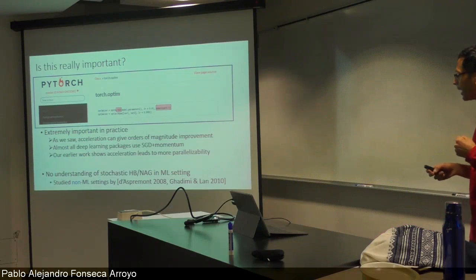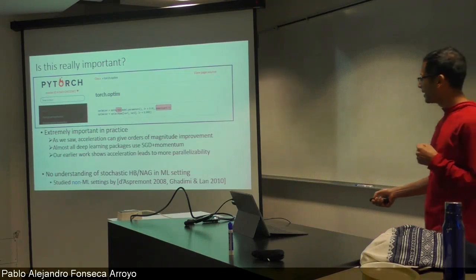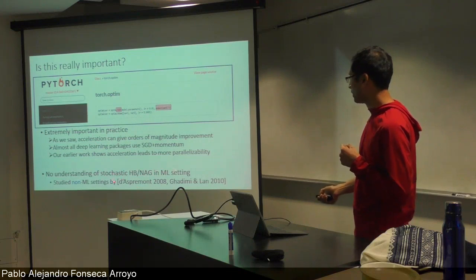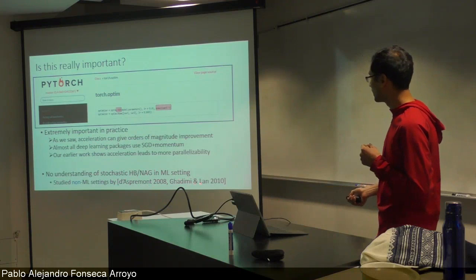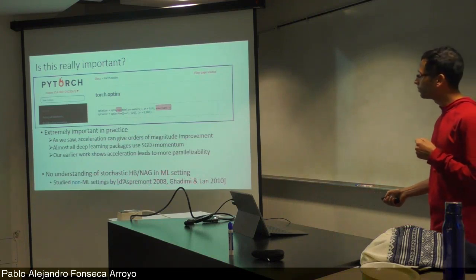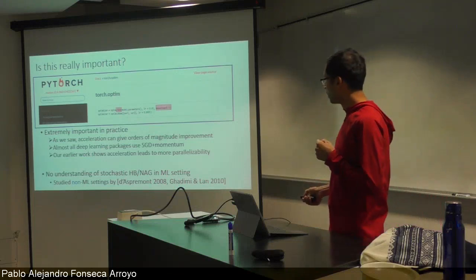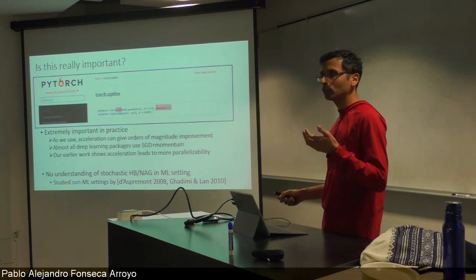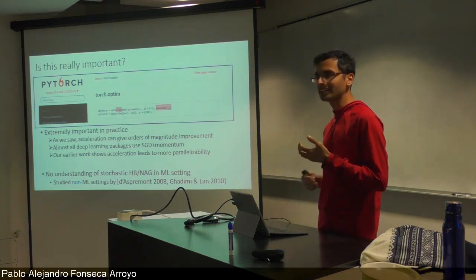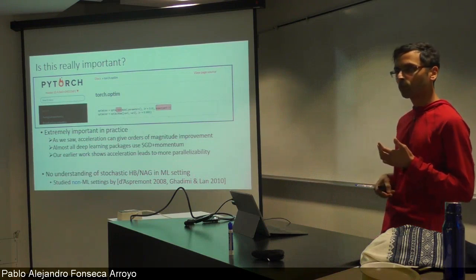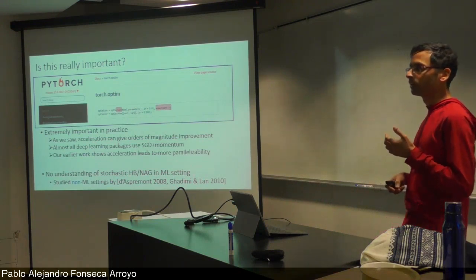There has been some earlier work on understanding stochastic heavy ball and Nesterov in some optimization settings, by Bias-Variance and Delimi and Lan. But the setting they consider is different from the machine learning setting. In short, they consider fixed variance settings, which are not reflective of the stochastic linear regression problem. If you are interested in the difference in settings, I can talk to you more in detail offline.